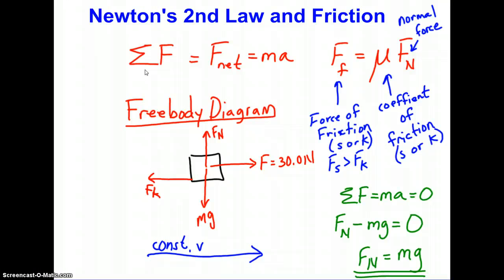So another way to say this is that the summation of forces is equal to ma. I'll explain this more as we go ahead. The summation of forces that act on an object creates a net force, which causes that mass to accelerate, or in some cases to not accelerate, and more to come on that in a moment.